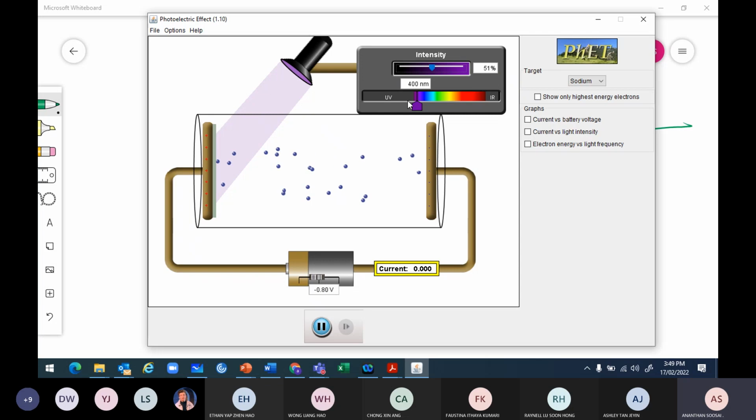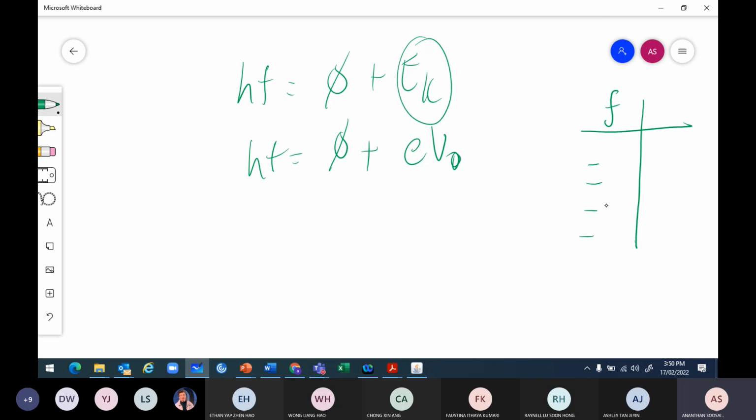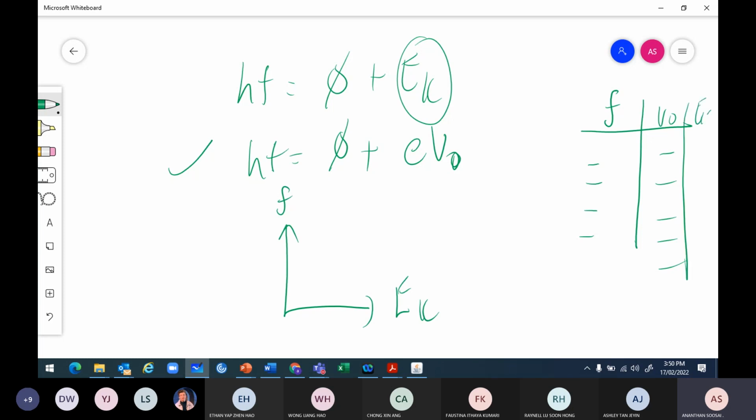For violet we got 0.8 stopping potential. Then change to blue, and you get a new stopping potential. So you get the data. Then he predicted that if Einstein is correct, a graph of frequency versus kinetic energy, where V naught can be used to calculate the kinetic energy, should give a straight line.